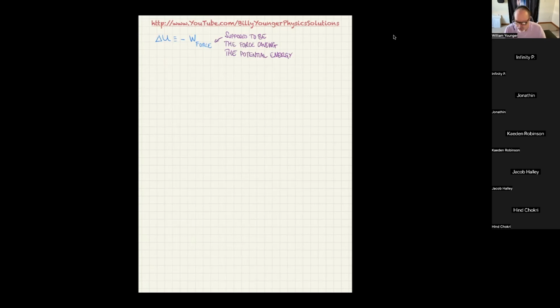I'm going to talk about a gravitational potential energy for a very specific case. The gravitational potential energy for objects near the Earth's surface.